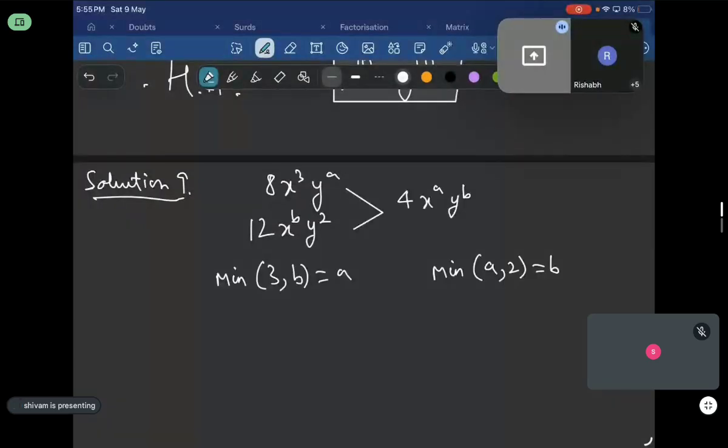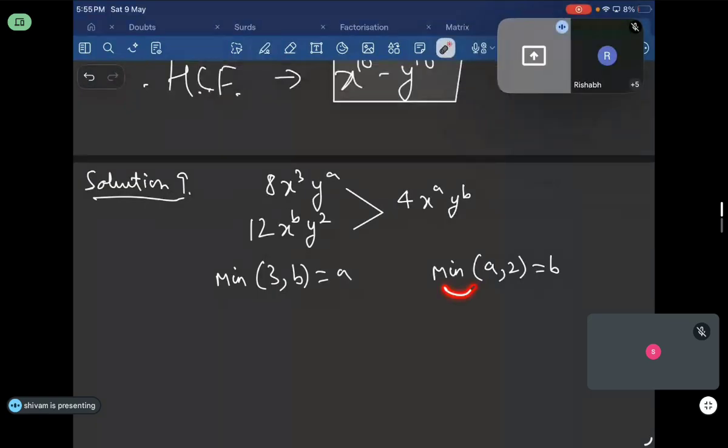By looking at minimum of a comma 2 is equal to b, b cannot be more than 2. Can you take b more than 2? You cannot take b more than 2. So the maximum value of b should be 2. Let us substitute over here.